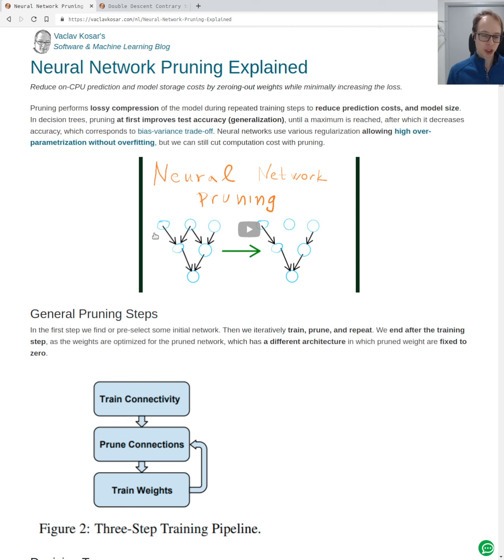And since they are hugely over-parameterized, maybe you would like to reduce the over-parameterization, maybe you'd like to save computation, and it turns out that this reduction of computation is easier to do on CPUs currently than on GPUs.